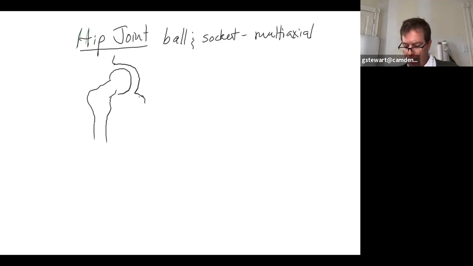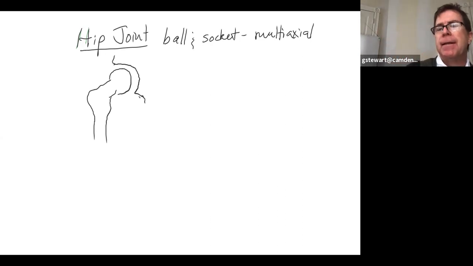The movements are flexion, extension, abduction, adduction, lateral and medial rotation, as well as circumduction.